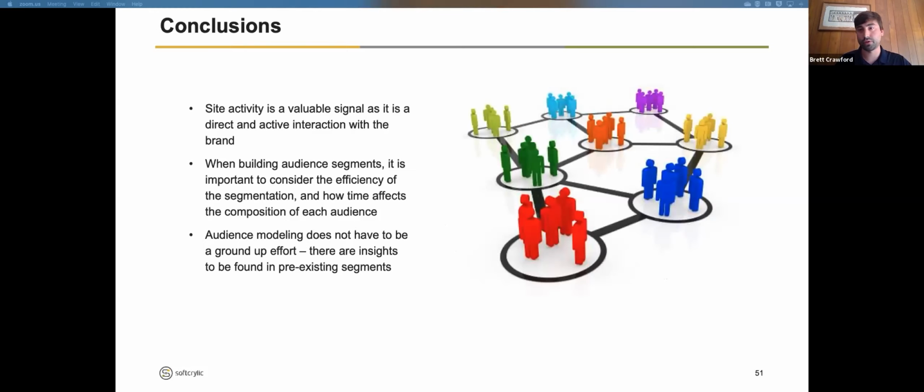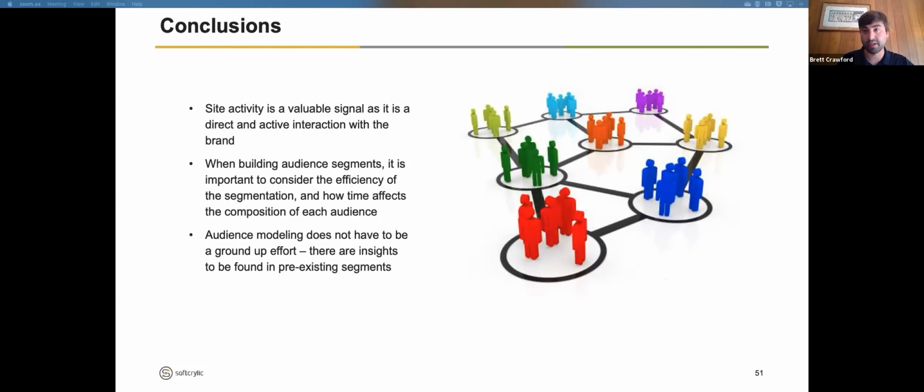The conclusions from this particular case study: obviously, the way a user interacts with your site is incredibly valuable in terms of marketing. When you are building your audience segments, it's important to consider both the size and the quality of it. You want to make sure that you're efficiently segmenting your audiences based on whatever your business needs are.